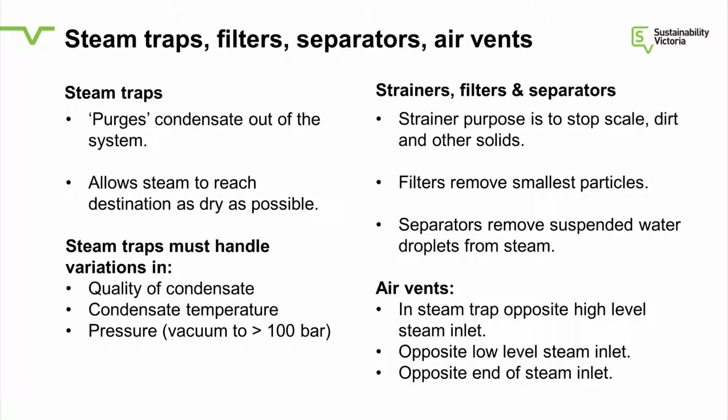It measures the difference in temperature, obviously, between air and steam. It allows the air to escape, and the steam comes up behind it, and because the temperature of the steam is higher, it closes the air vent. So it's a fairly simple device, but it improves the efficiency, particularly high on a heat exchanger where air can gather.